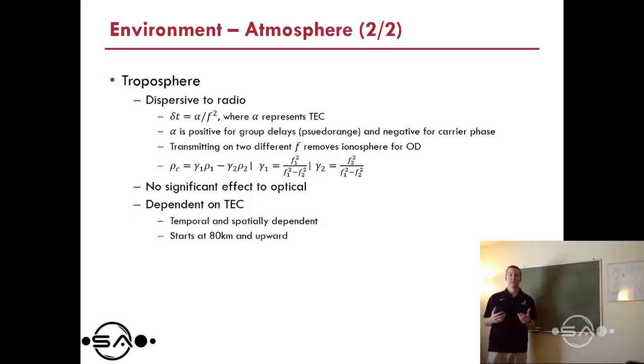The ionosphere, for most purposes, starts at 80 kilometers upward. There are 4 different phases or regions, but they're not as clearly defined as the troposphere and the stratosphere. But yeah, it's an interesting read. One of the good books out there is by Biscayne on the space environment. So go to AIAA.